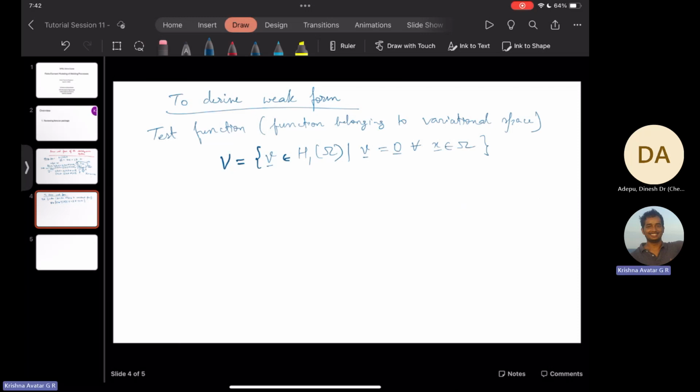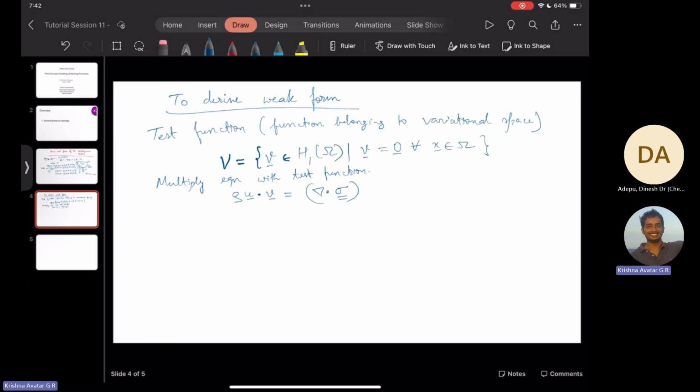so now after this, what we'll do is multiply our equation with the test function, the V vector. The U vector dot V vector is equal to divergence of sigma.